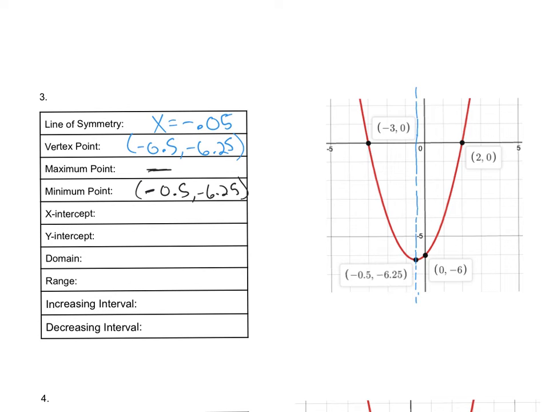So looking at where the graph crosses the x and y axes for our x and y intercepts, let's label our x and y axis. So remember, the horizontal axis is your x-axis, and the vertical axis is your y-axis.